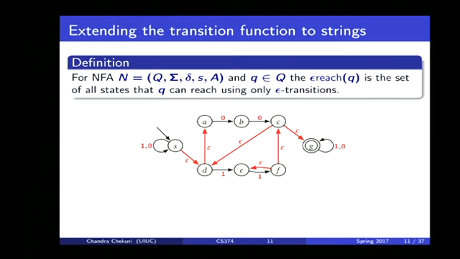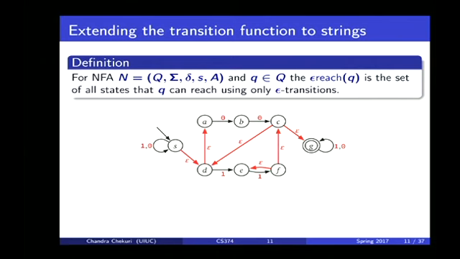If I give you a big graph as a graph theoretic problem, how do I figure that out? I give you this graph which has labels, epsilons and other things, and I say I start at this state on epsilon. Where can you reach? It is reachability.